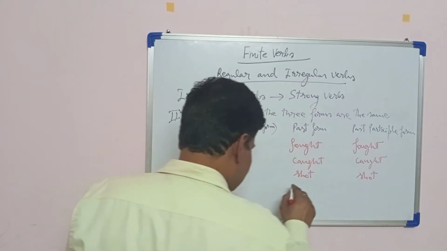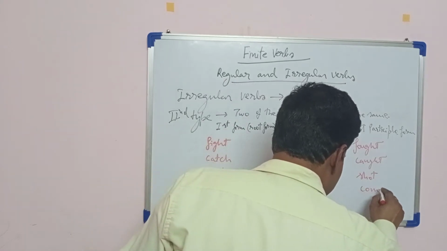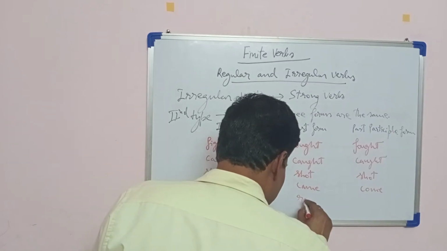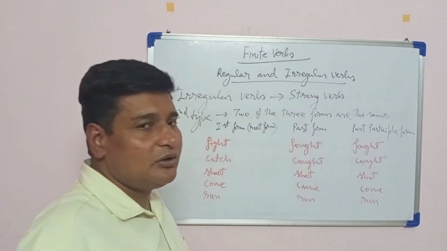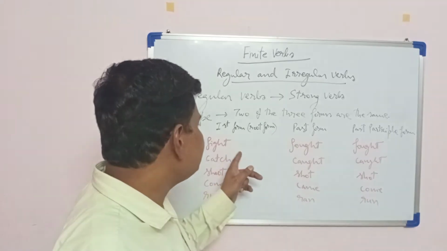Come, came, come. Run, ran, run. So here you can see some of the examples of this type, and in this type you can see that at least two forms of the verb are the same.